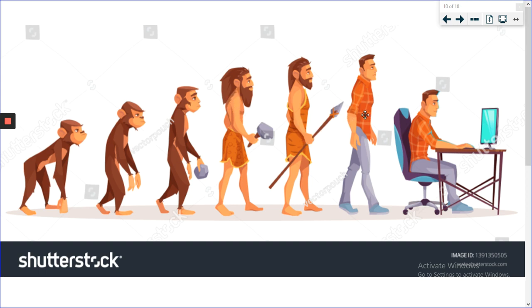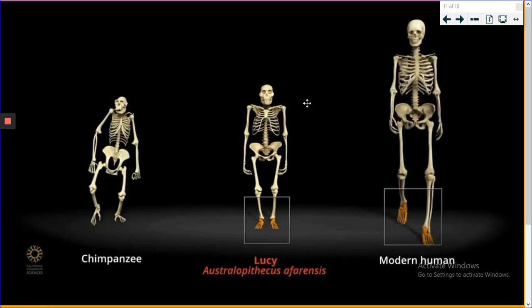Then here the modern humans, what we wear: shirts, pants, shoes, and we also use modern technologies, computers, laptops, many things, isn't it? This is how scientists have studied. They have observed some chimpanzee skeletons, and these are the early human body and skeleton, and this is the modern human skeleton.